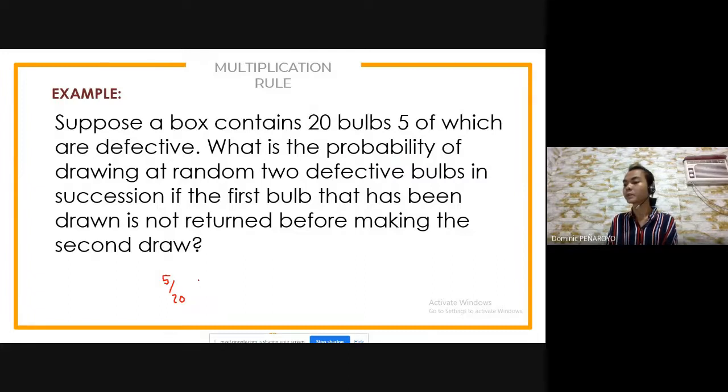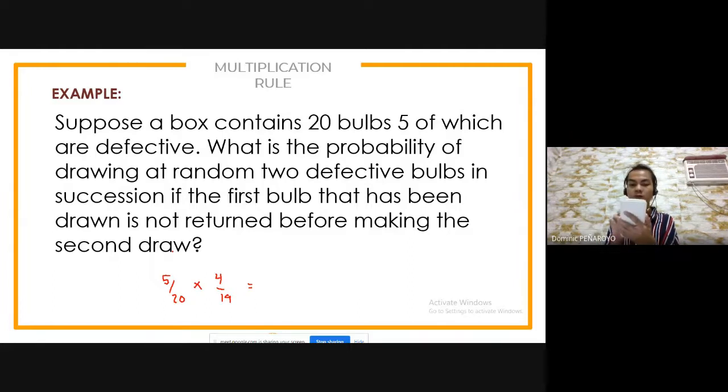Okay? Times, okay? The probability that makakakuha ulit tayo ng sirang bulb ay ilan? Okay? We have 4 over 19. So, mabawasan na tayo ng isa kasi nga hindi na siya binalik according to our example.